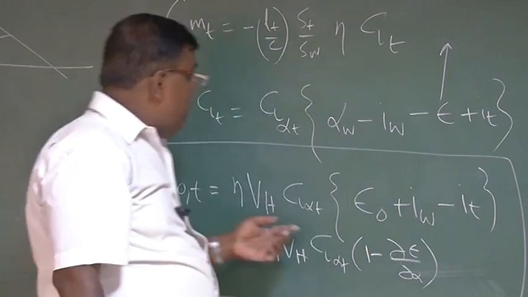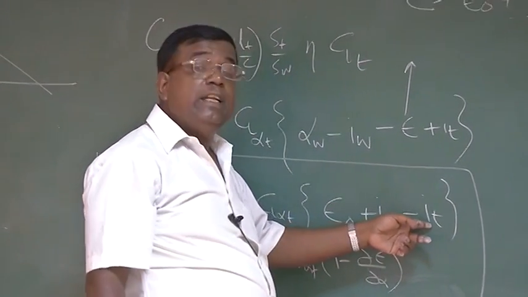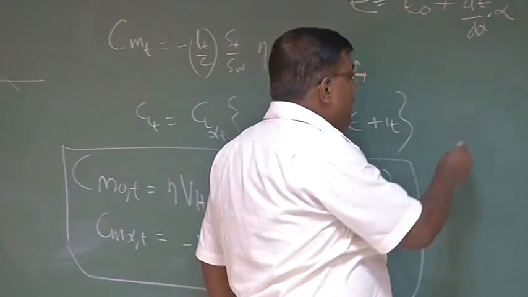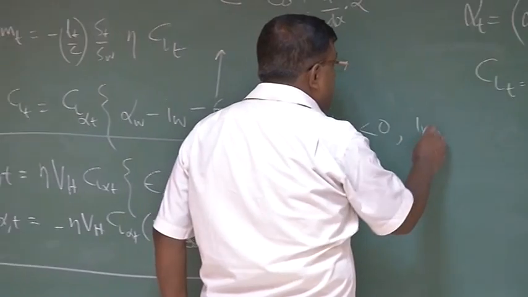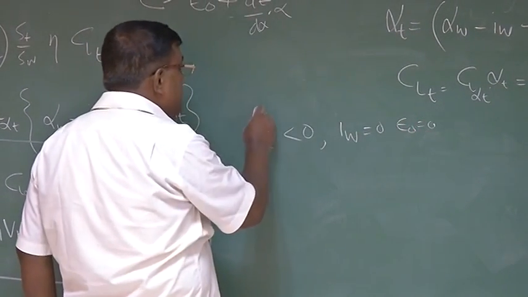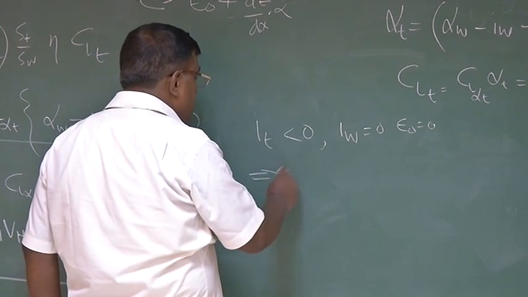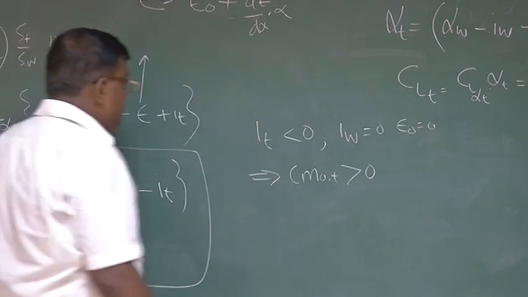So how can I get a positive CM naught? If IT is negative, that means what? If IT is less than 0, and if IW is 0, if epsilon naught is 0, then this implies CM naught tail will be greater than 0.